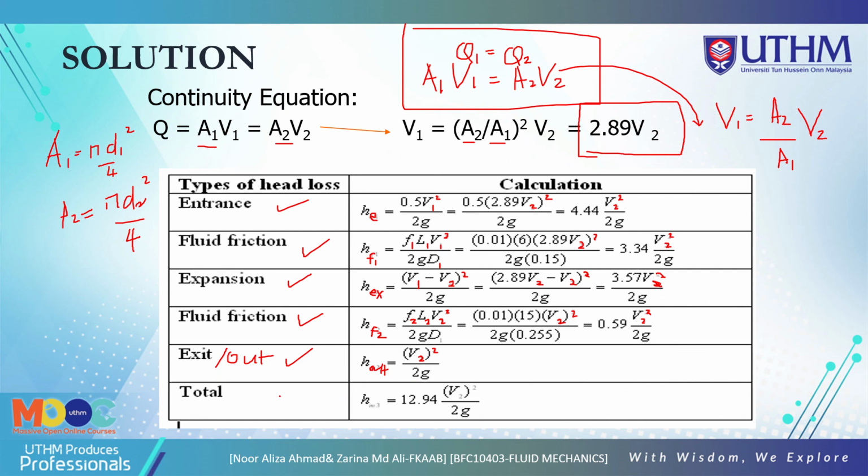So total HM, you must add this one, plus this one, plus this one, and plus this one, and also plus this one. 1, 2, 3, 4, 5: five head losses.